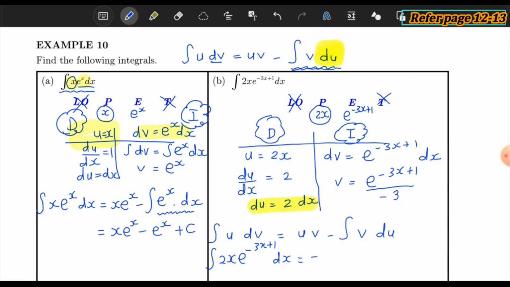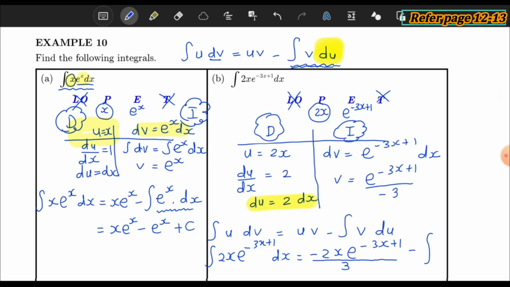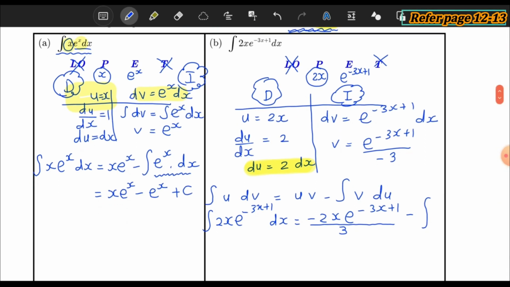So we have negative 2x exponent negative 3x plus 1 over 3. And minus integrate v du. Our v is exponent negative 3x plus 1 over negative 3 times du, which is 2 dx.